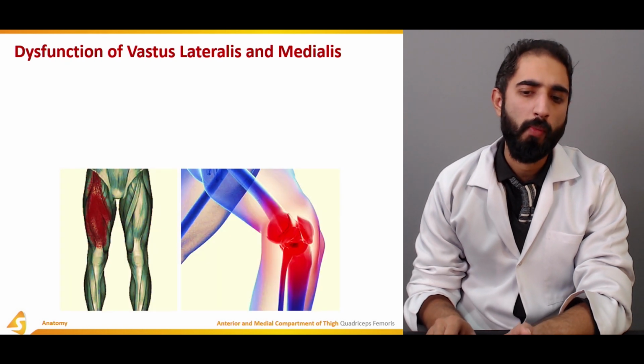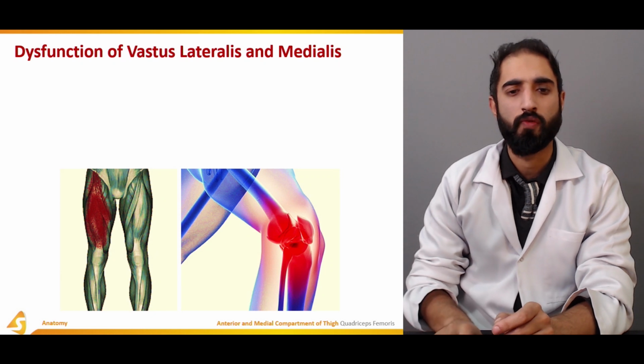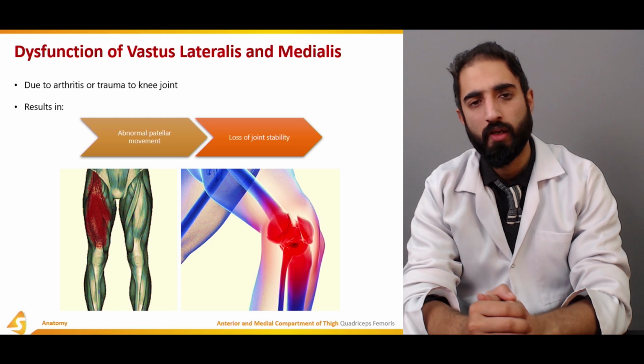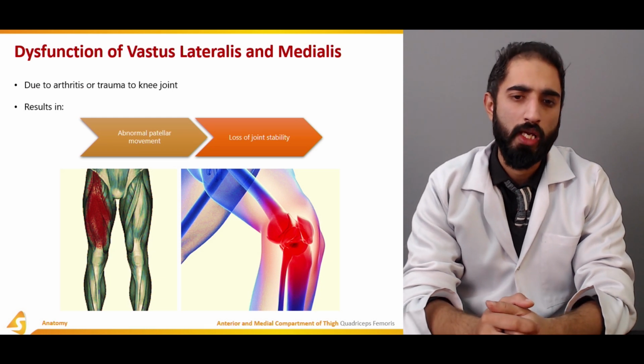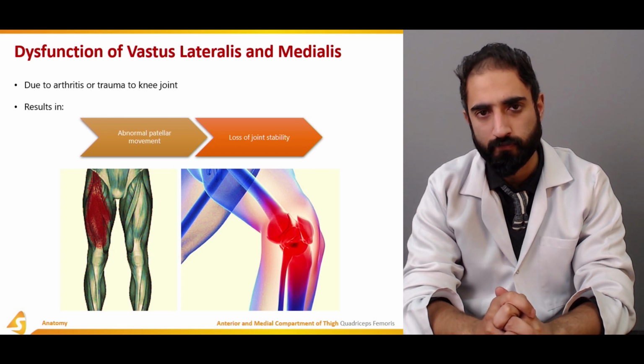Another very important biomechanical phenomenon that we see in a lot of patients is the dysfunction of vastus lateralis and vastus medialis. What happens, for example, in any type of injury or trauma, or even in knee osteoarthritis?